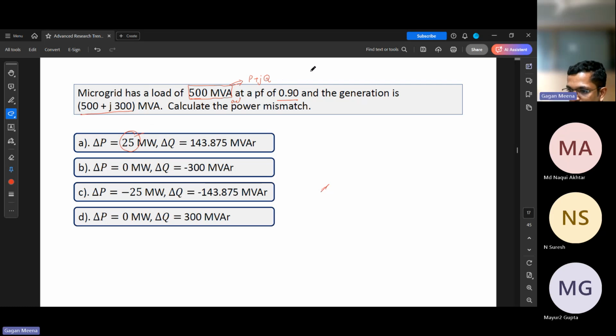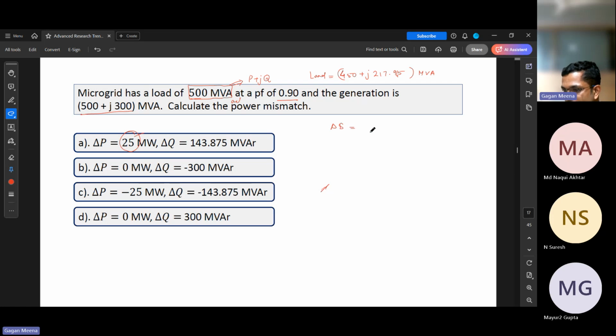If you convert this load into active and reactive power, it will be 450 plus j217.95 MVA. And generation is 500 plus j300.